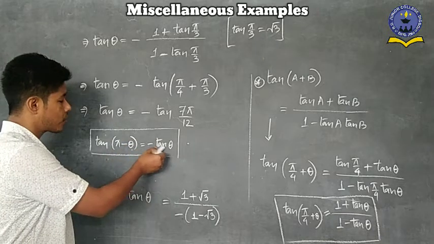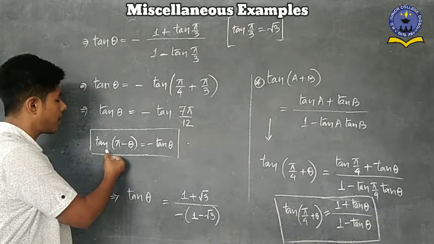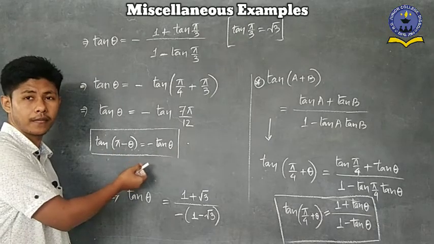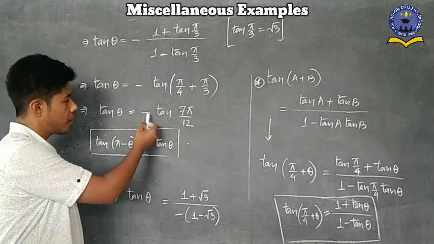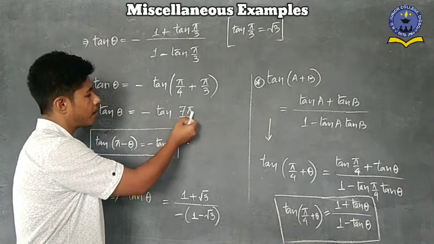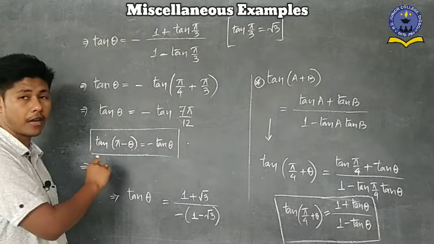Now here, what you have to do? If tan of pi minus theta equals minus tan theta, that means minus tan theta equals tan of pi minus theta, we can write. So here it is of the form minus tan 7 pi by 12. In this case, what do we write? Can you tell me?